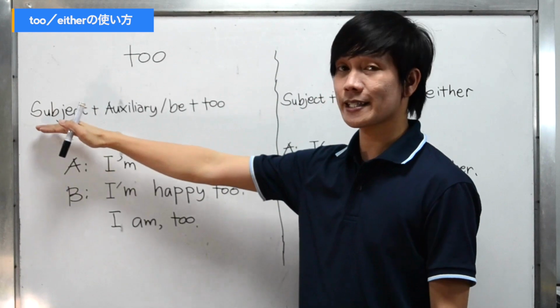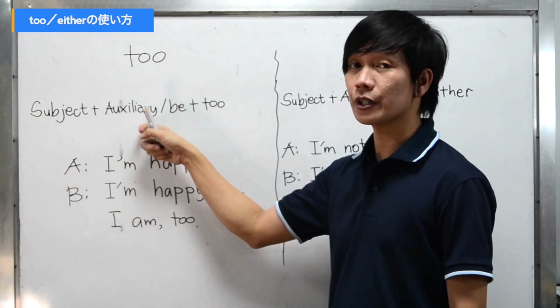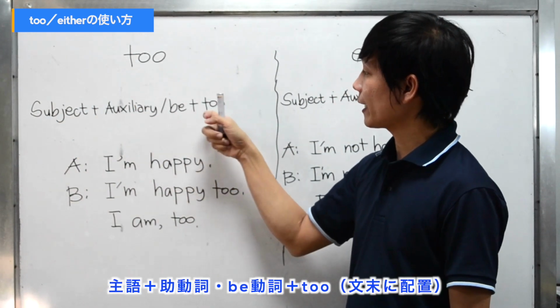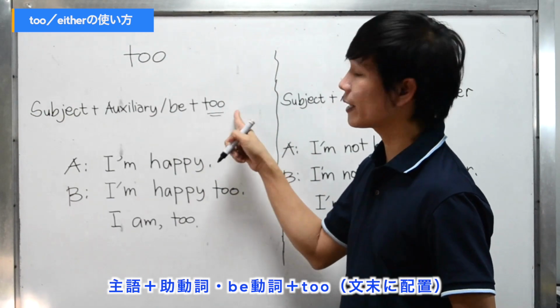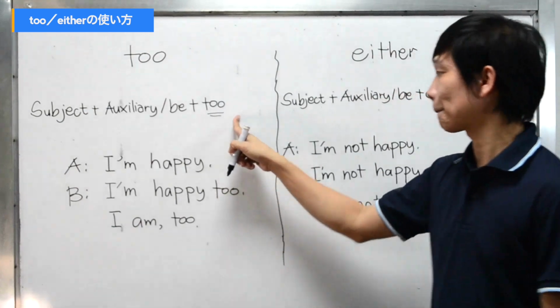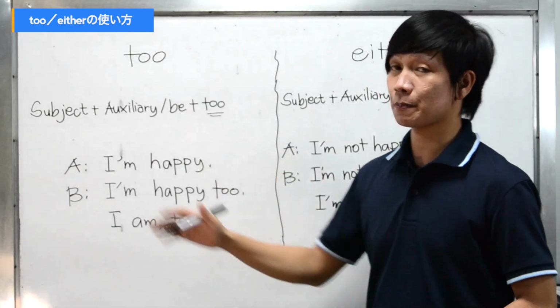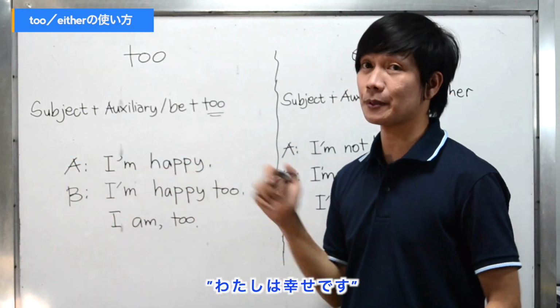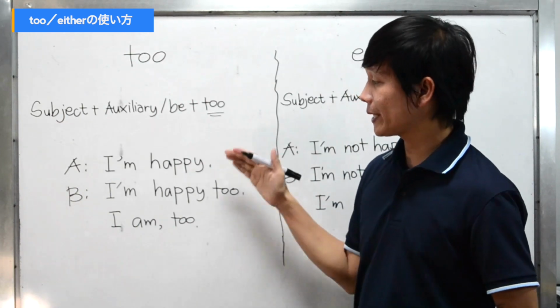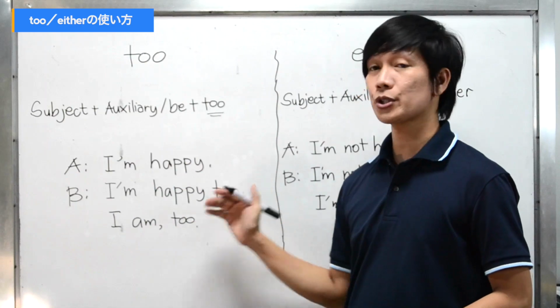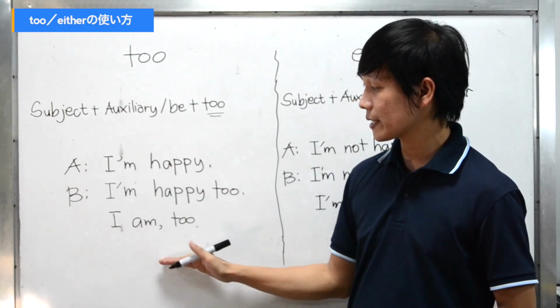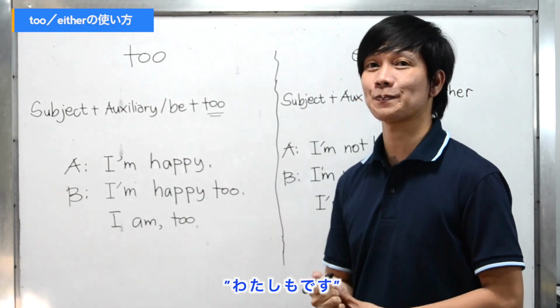So first is the subject plus the auxiliary or the be verb, and as I said, we use too at the end of the sentence. So example, if the speaker says, I'm happy, you can repeat the speaker's words by saying, I am happy too, or just use a short response by saying, I am, too.